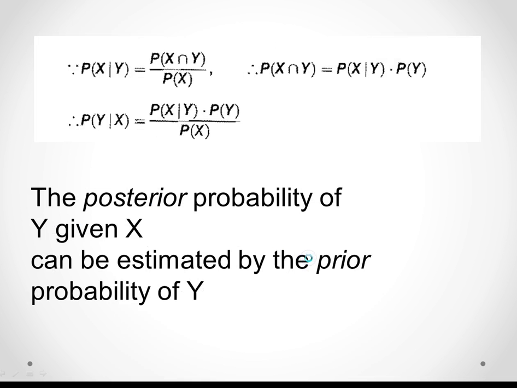And then we mentioned this terminology. The posterior probability of y given x, that's this one here, is the conditional probability of y given x. And it can be estimated by the prior probability of y, but only estimated because there's other factors involved.